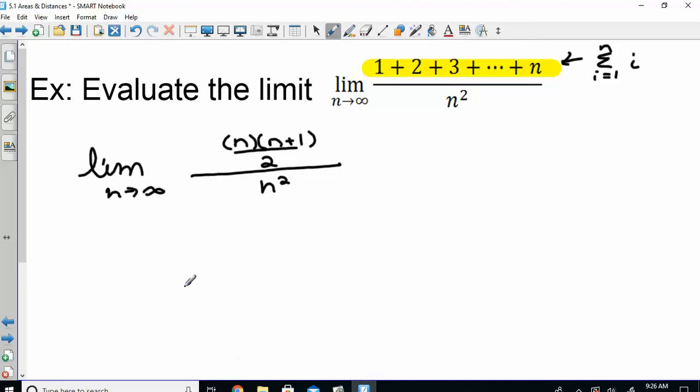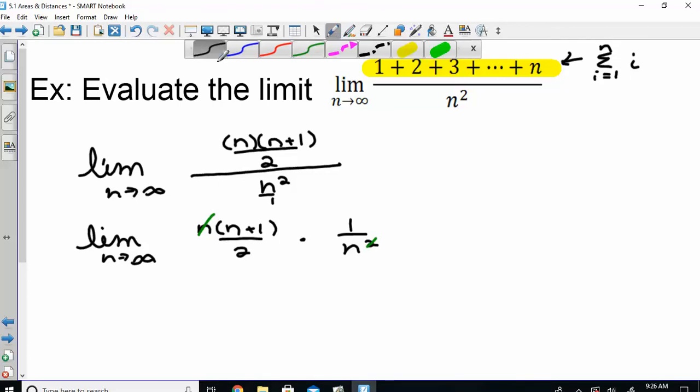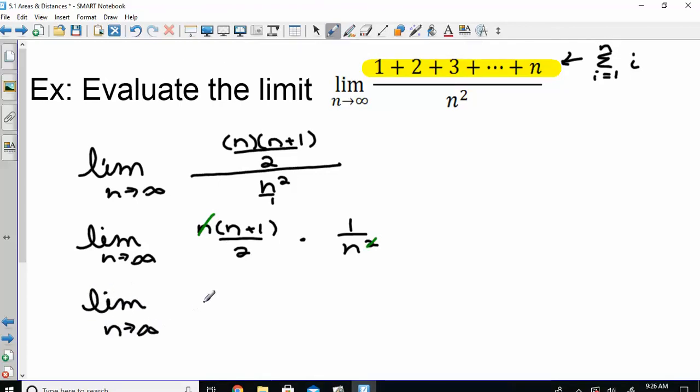Okay, we have to clean this up. This is like n squared over 1, so we know we could flip and multiply. What happens then? Cancel an n. So we have n plus 1 over 2n.